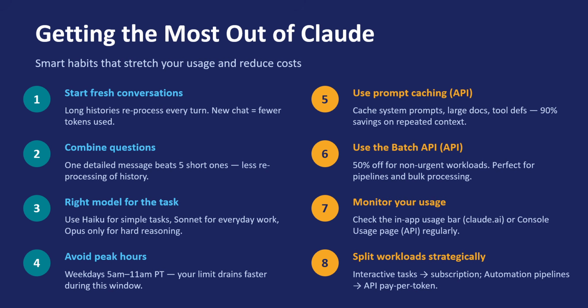Okay, here we're gonna look at how to basically use fewer tokens and get more output from Claude AI. Okay, so we'll have to start fresh, and we'll have to combine the questions together, and we'll have to choose the right model for the right work, avoid the peak hours, use prompt caching, and use the batch API if it is possible, and monitor your usage and split the workload strategically.